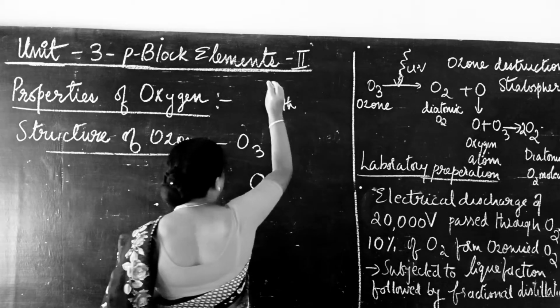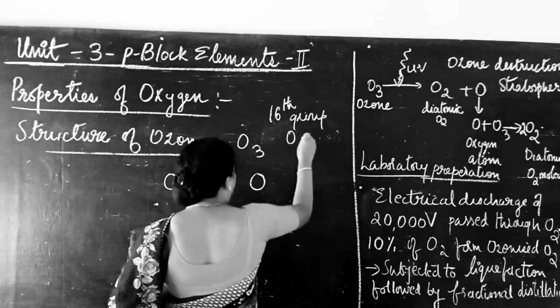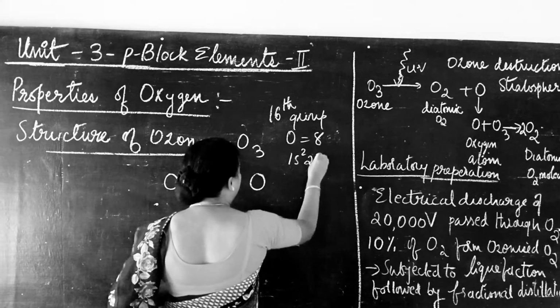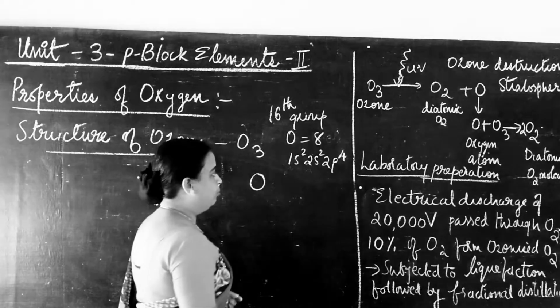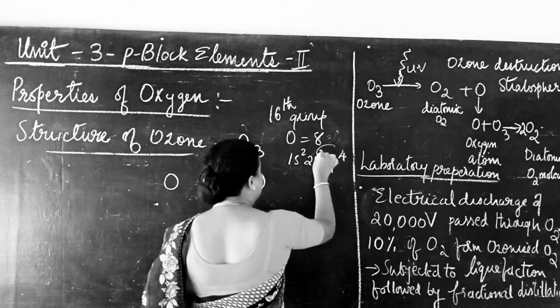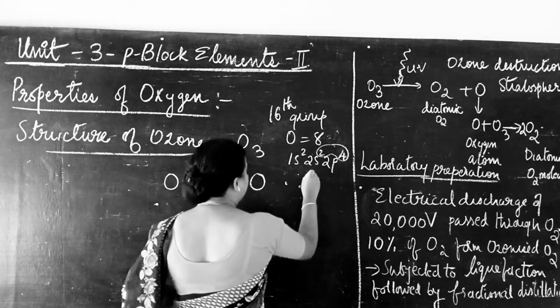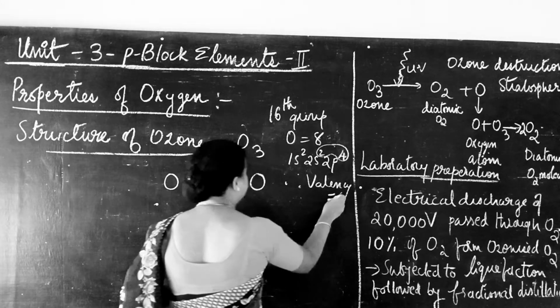The atomic number is 8, and the electronic configuration is 1s2, 2s2, 2p4. So the outermost shell contains 6 electrons. Therefore, the valence of oxygen is equal to 6.